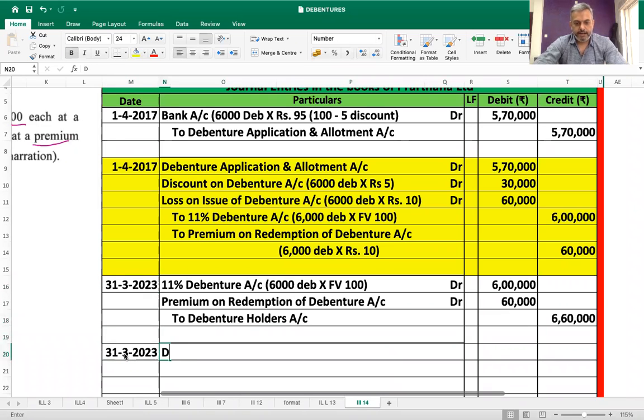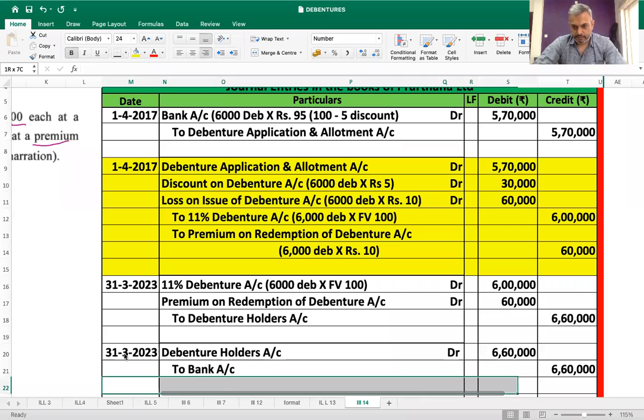And then finally, debenture holders account, debit 6 lakh 60,000, to bank account. Liability paid off. That's it.